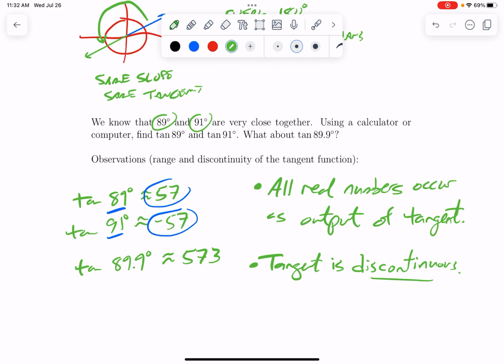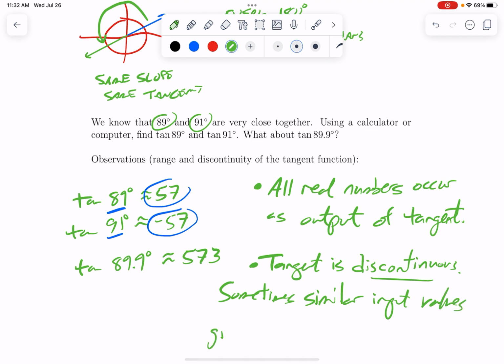So one way of thinking of this is to say that sometimes similar input values give very different output values.